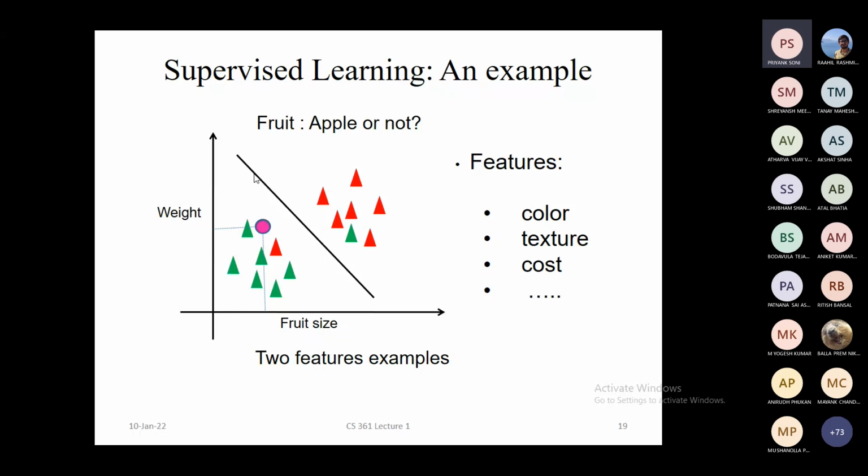So this separator line is linear, and you can say these data points are linearly separable. But not always, because if you want to separate the green and red in this way, some sort of nonlinear decision boundary may be possible. So we can write it in this way.